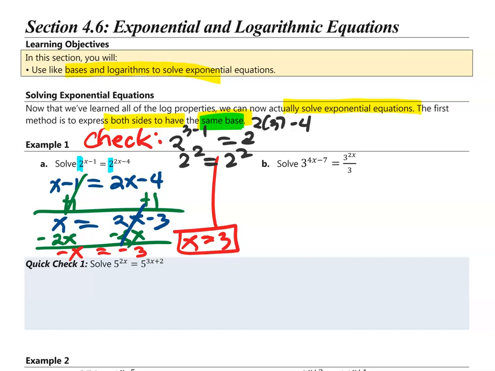And yes, 4 is equal to 4. So x equals 3 is correct.